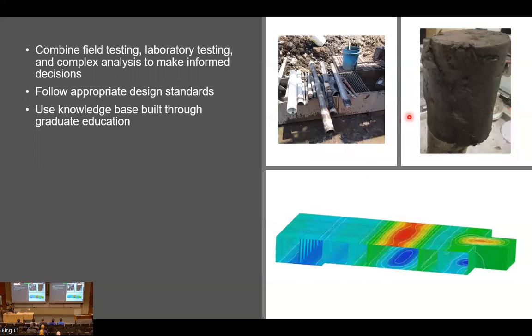Throughout all these steps, you're going to be using the knowledge base built through your graduate education. So what you're doing now will be very good for you if you ever go into engineering consulting.